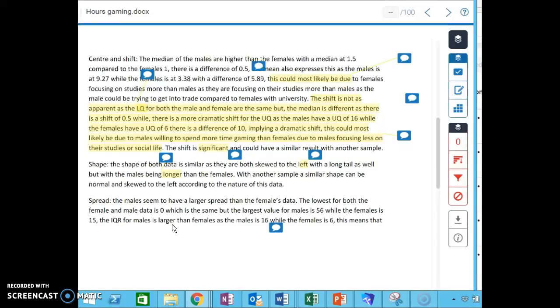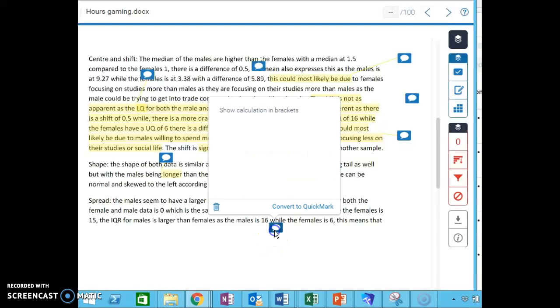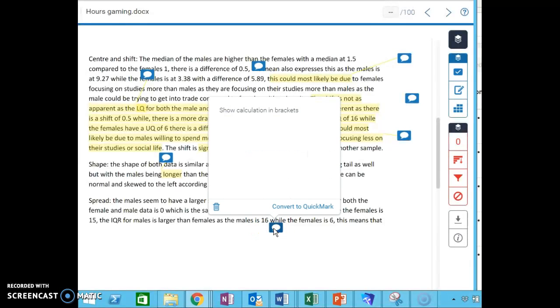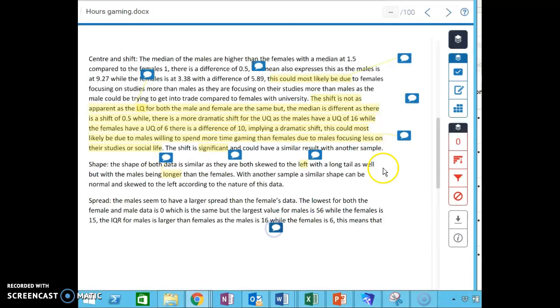So I should see those words, gaming hours per week, written quite regularly throughout this report. If you want merit, you've got to write it in context. They've talked about the range here. I think it helps the marker just to show how you calculated the 16, for example. You could just write in brackets, 18 minus 2, or however they calculated the range. That would be nice.